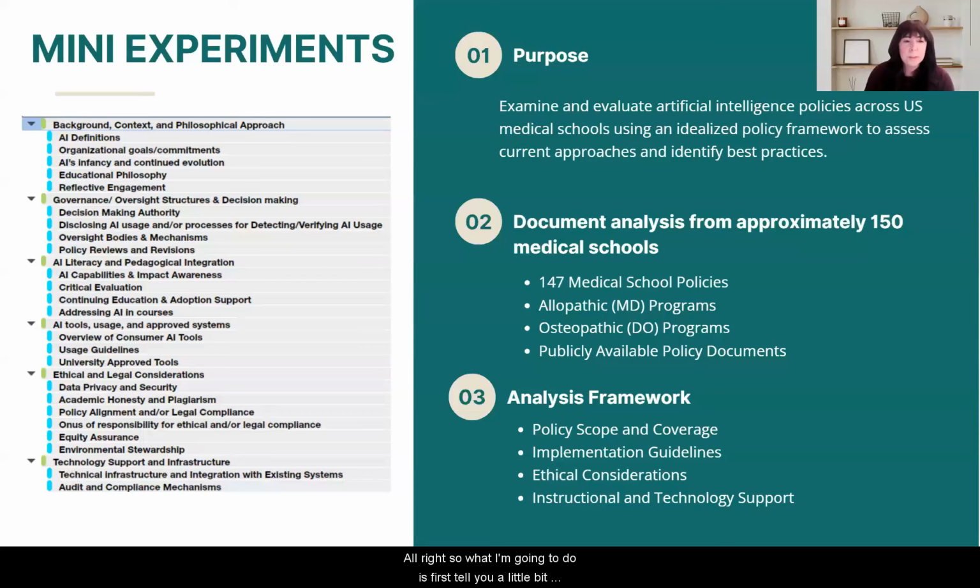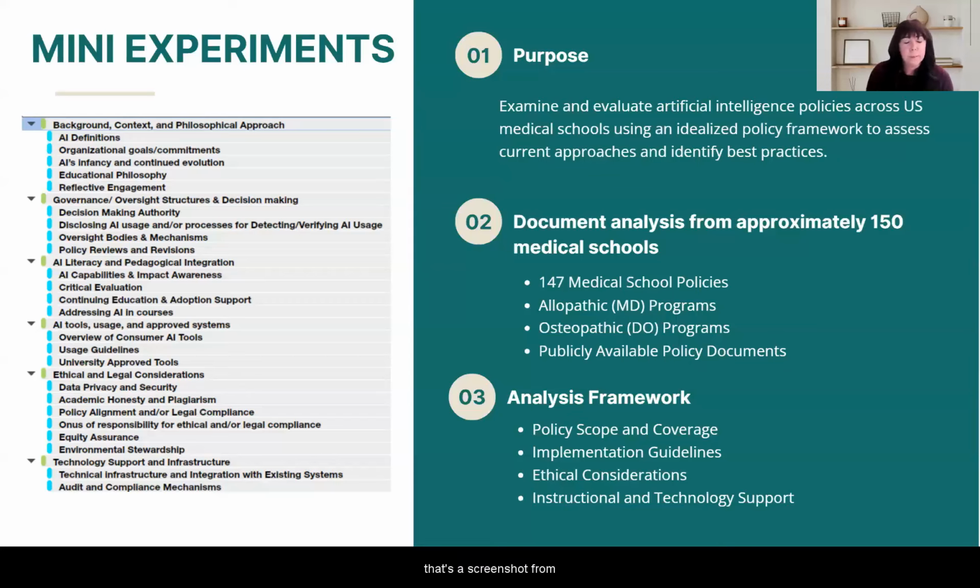All right, so what I'm going to do is first tell you a little bit about the mini experiment that I used, and then I'll walk you through some of my actual experiments with different AI systems regarding this particular data set. For my experiment, I used as its basis a work in progress, which is the examination of artificial intelligence policies across US medical schools in comparison to an idealized AI policy framework, which you can see the skeleton for on the left.